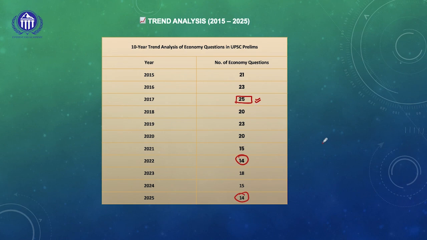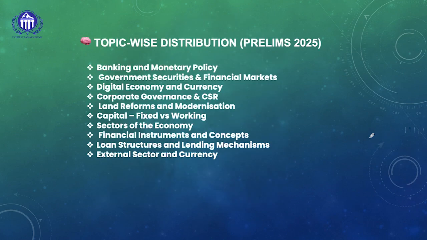So what we can expect for the 2026 examination is, we can minimum expect 14 questions from this economic segment, and we know what the important chapters to read are.